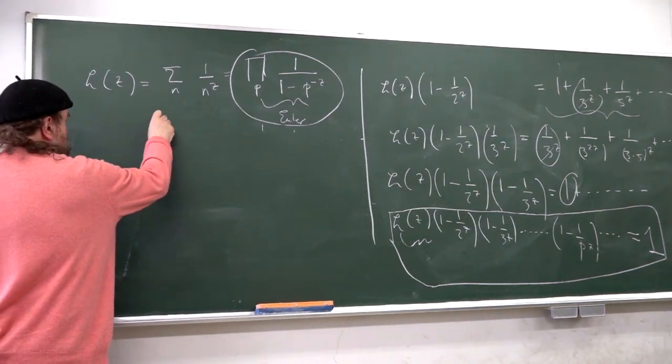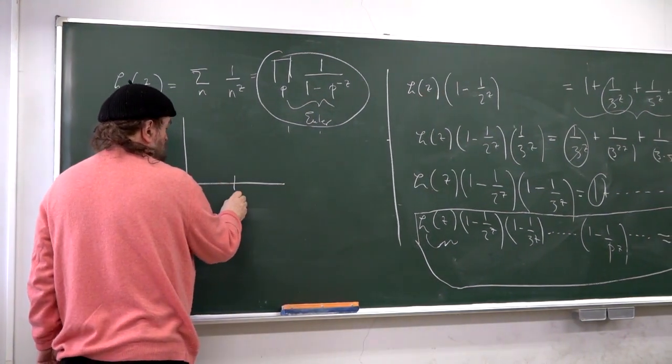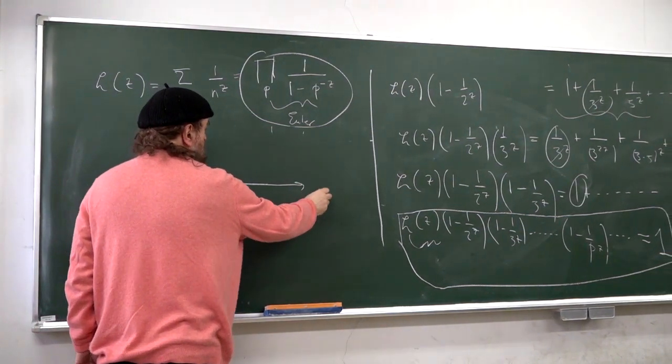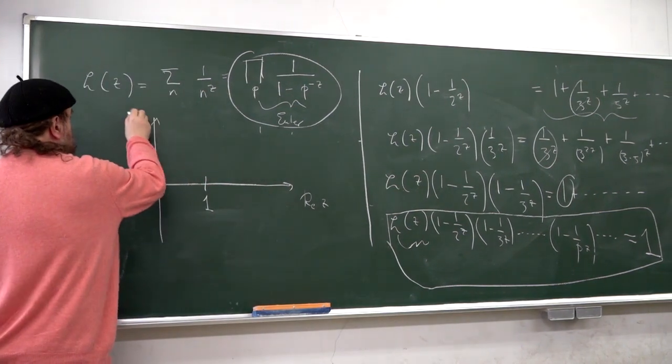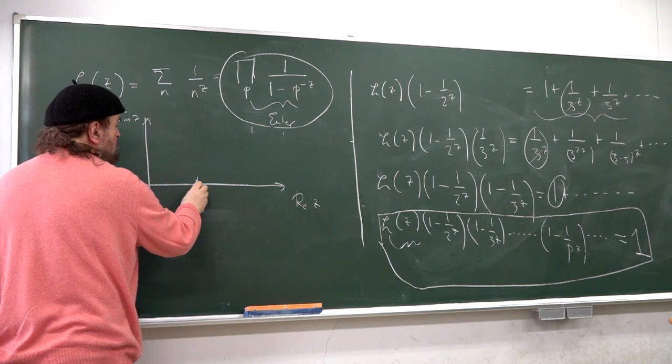So let's have the complex plane here. This is the real part and the imaginary part. So there's a pole here.